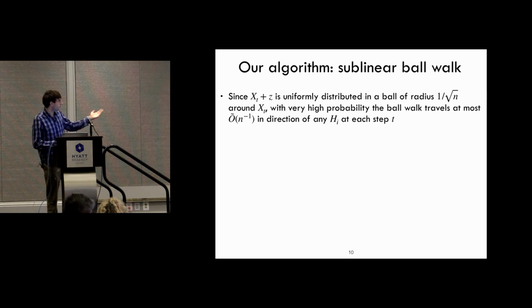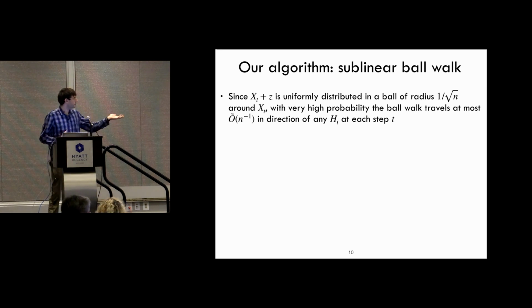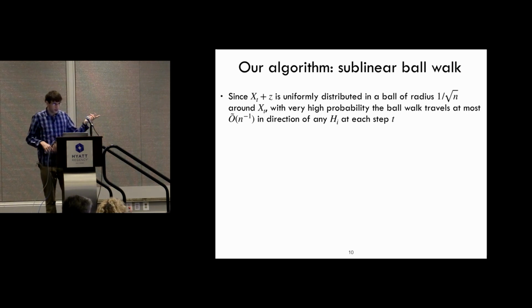To prove that this implementation of the ball walk doesn't fail with high probability, we can see that at each step of the ball walk Markov chain, each step is uniformly distributed in a ball of radius roughly 1 over root n. So this implies that the ball walk travels at most a distance of roughly 1 over n in the direction of any given hyperplane defining a polytope face at each step of the ball walk Markov chain.